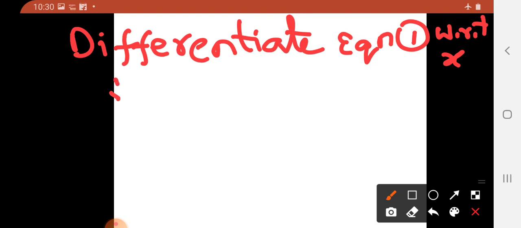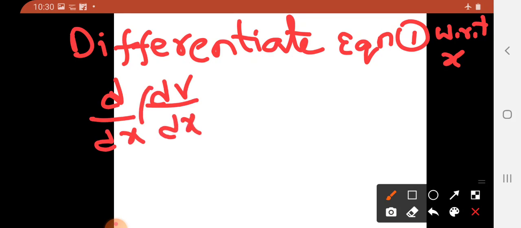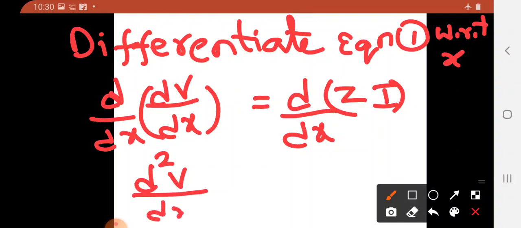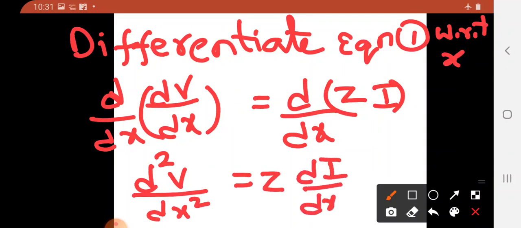That is d by dx of dv by dx is equal to d by dx of z into I. Now we can write this equation as d square v by dx square is equal to z, which is a constant, times di by dx.